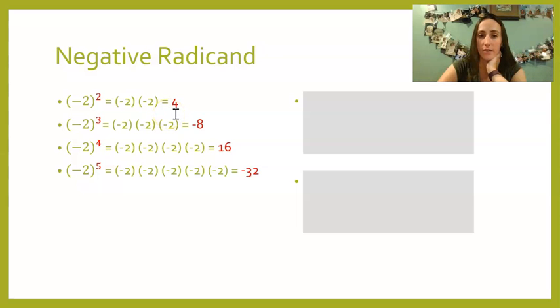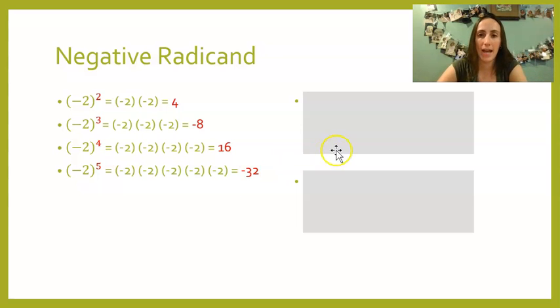A negative times a negative is a positive. But now if I have negative 2 and that's cubed, I have that negative 2 times negative 2, that gave me 4, but now I'm multiplying by another negative 2, so that means this positive 4 and this negative 2 give me a negative, and 4 times 2 gives me 8. If I now take negative 2 and I raise it to the 4th power, I have positive 16. If I have negative 2 and I raise that to the 5th power, I have negative 32.